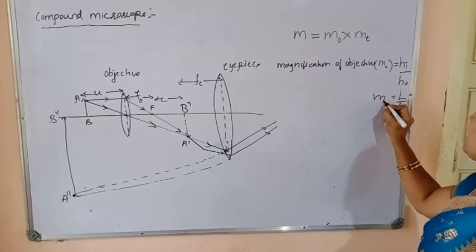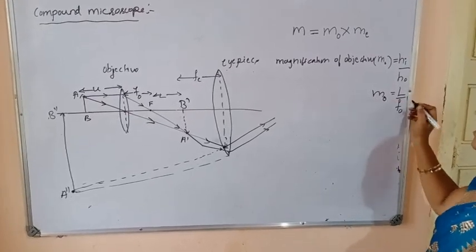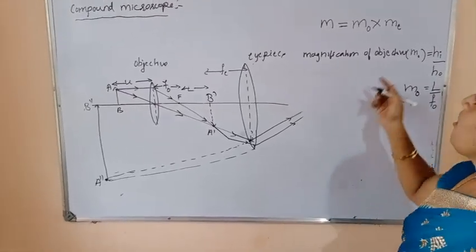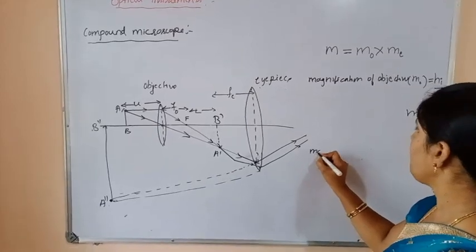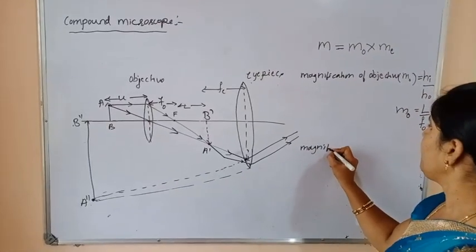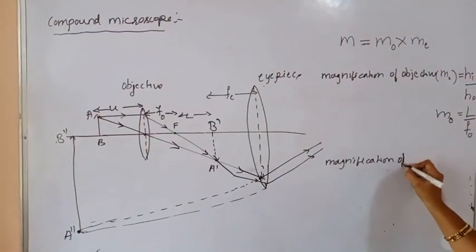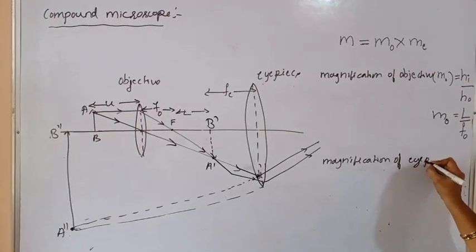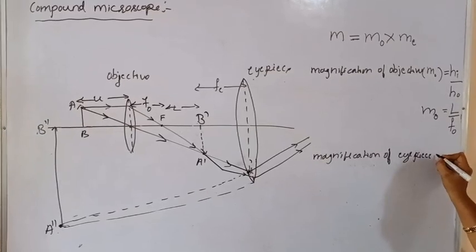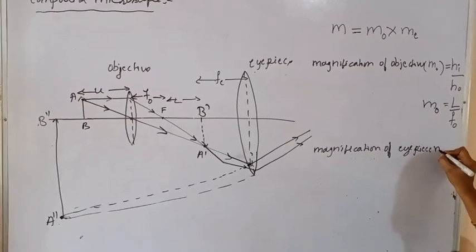That is, M0 is equal to L by F0. Next, the magnification power of the eyepiece, ME.